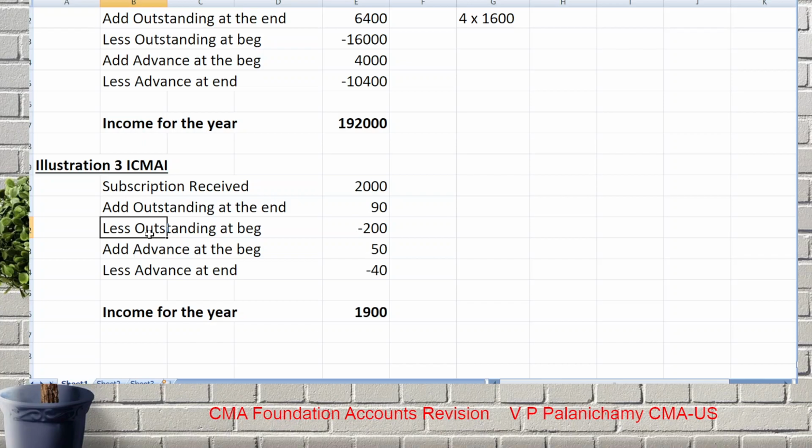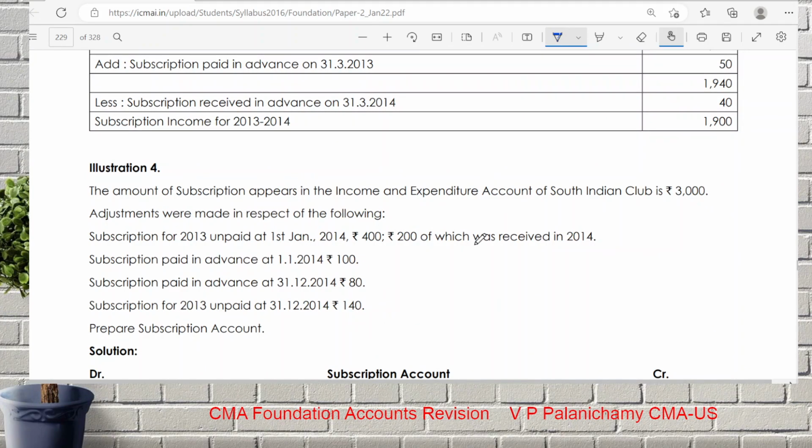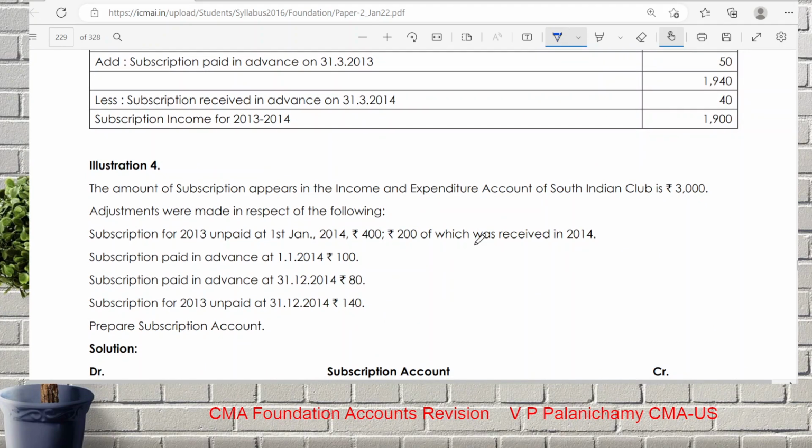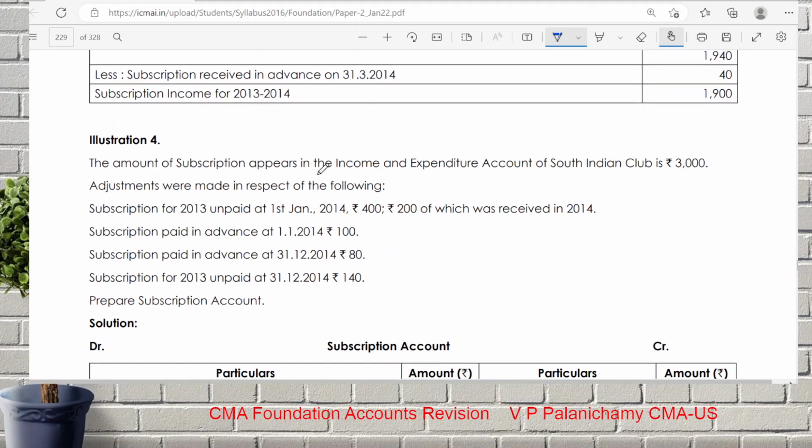These kinds of questions can be asked in MCQs. Done? Shall we? Work out the question. The reason we repeat these kinds of questions is that such questions get asked in exams. This is the reverse question. Income is given. What is the income given? 3,000.